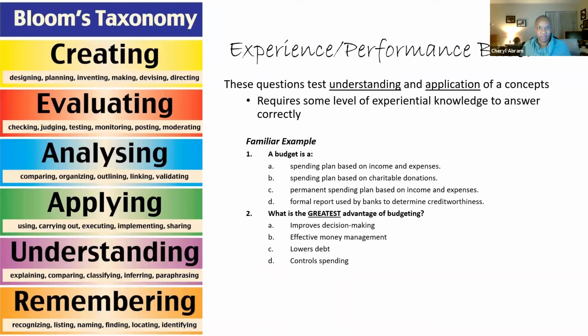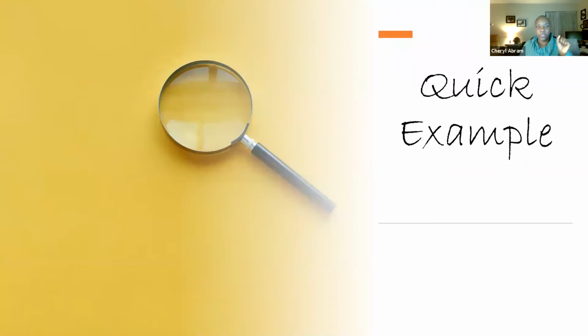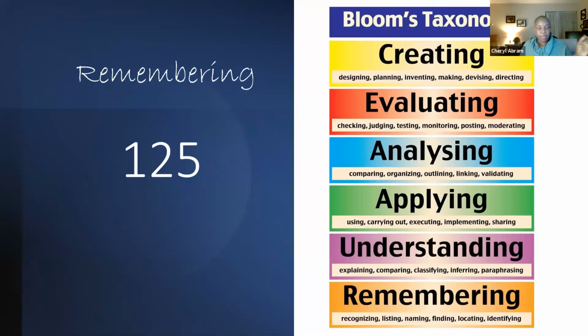and then what you need to understand. Okay, and this is Bloom's taxonomy, which is used a lot when it comes to learning and development and all that. So let's go through a really quick example to just put a bow tie on this, remembering versus understanding. I need you to remember this number, 125. That's it.